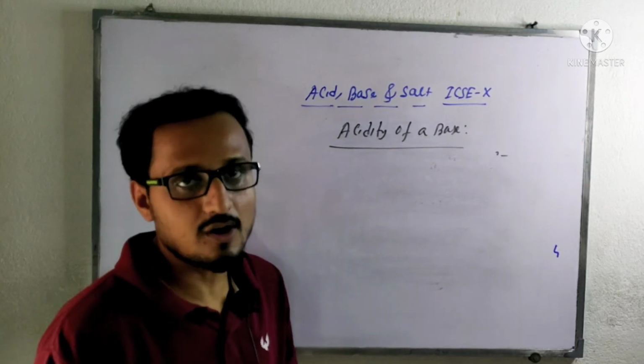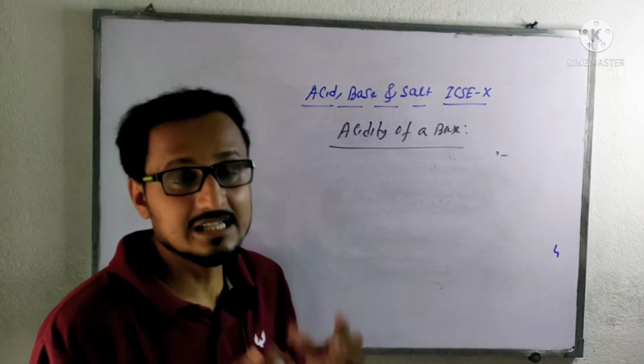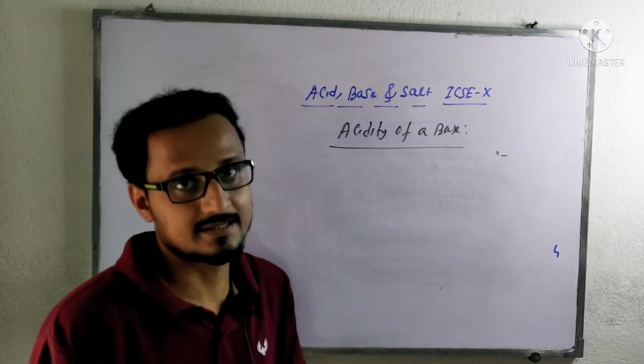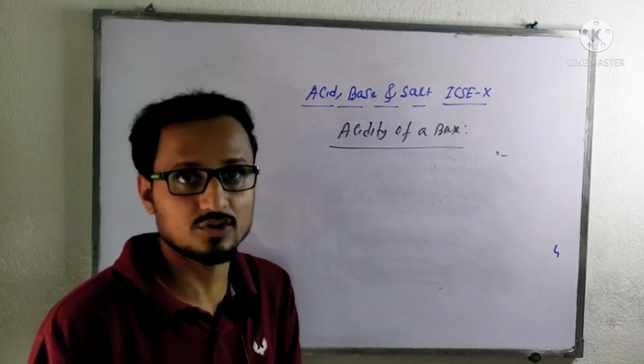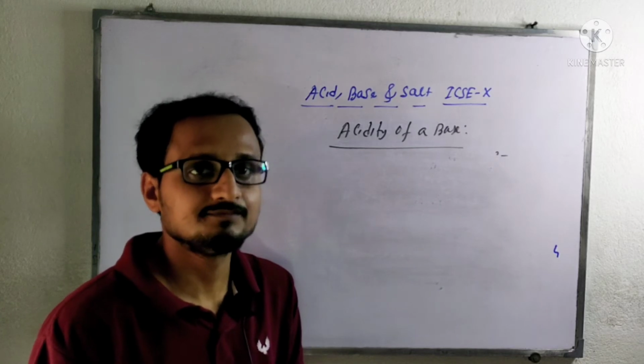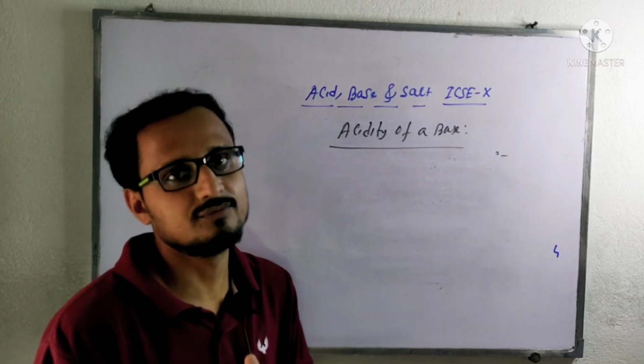The number of OH minus ions released by one molecule of a base in aqueous solution is called the acidity of that base.